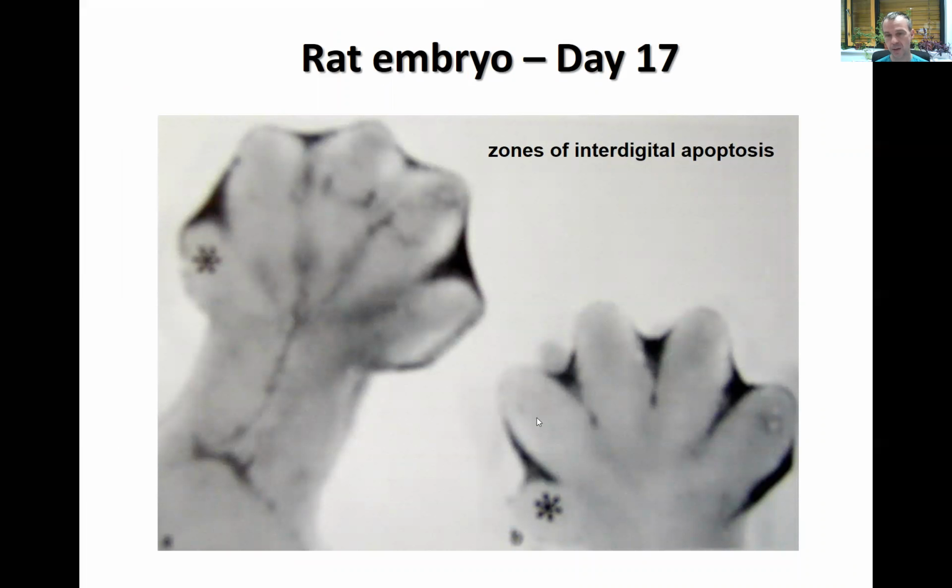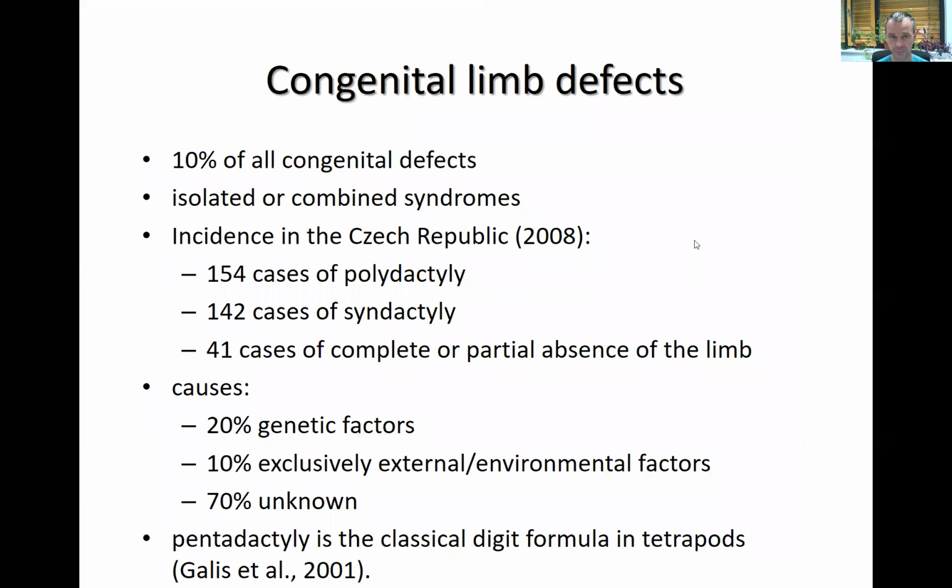In this nice red embryo figure, you can see these black areas, which are areas of apoptosis, which happens here, and then finally it disappears and 5 digits are separate. For example, in duck, where there are not 5 digits, just 3, we can find in between the membranes, as the apoptosis is not planned here.